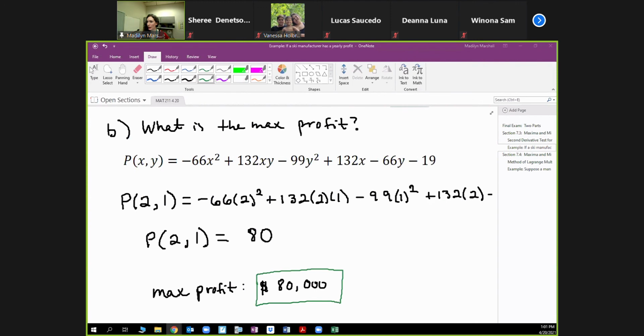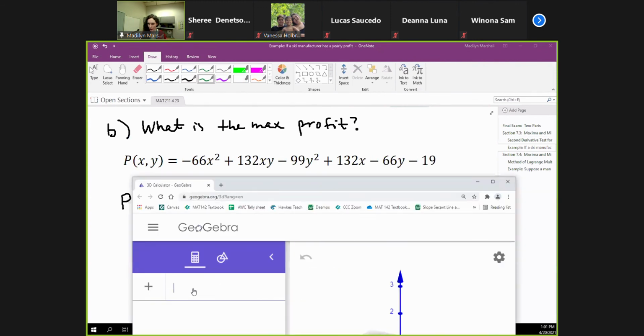So let's check that in our 3D grapher to see what this looks like. I'm just going to put z instead of p of x, y.